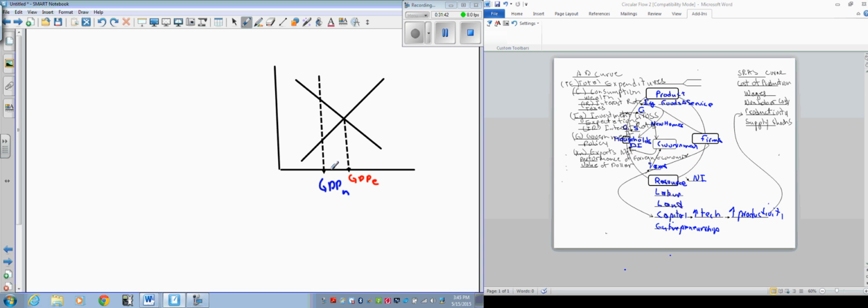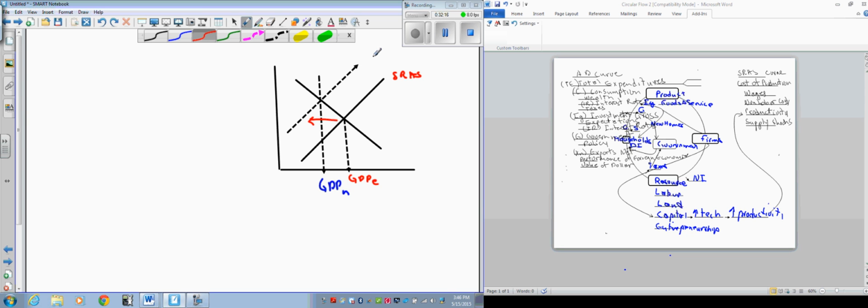And how you're going to do it is you're going to have overemployment and deflation. So you're going to want the price level to increase. And that means that this SRAS curve, you're going to want to move it to the left. And you're going to want to move it to the left until it gets to here.